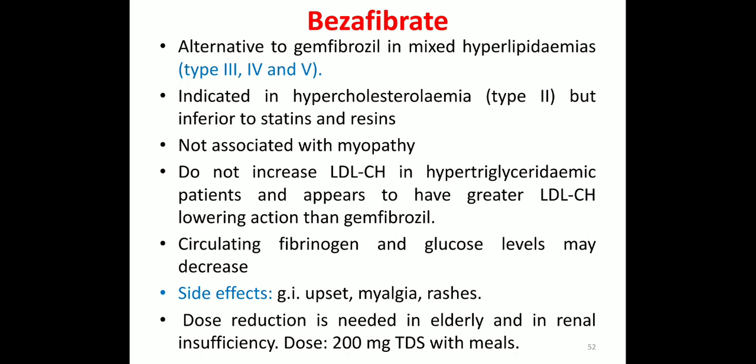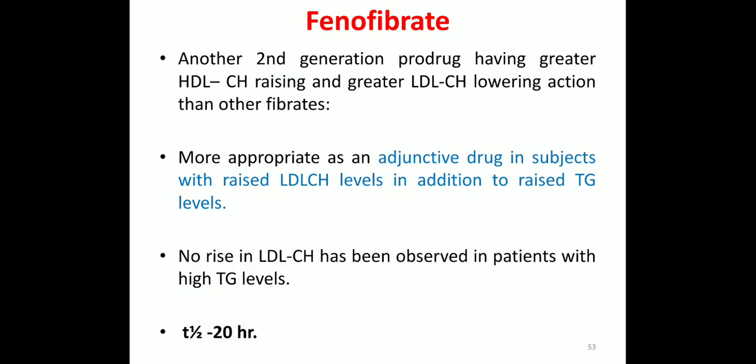So this is bezafibrate. Now third is fenofibrate, which is another second generation prodrug having greater HDL cholesterol raising and greater LDL cholesterol lowering action than other fibrates. So it is more appropriate as an adjuvant drug in a subject with raised LDL cholesterol levels in addition to raised triglyceride level.